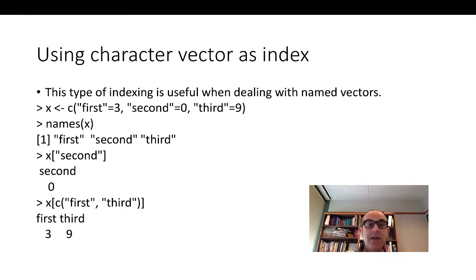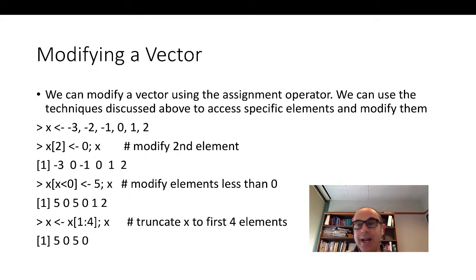If we say second, what is the value of second, it will give us the value of it, and so on. So again, indexing is the way for us to convert from a word to a numerical value.